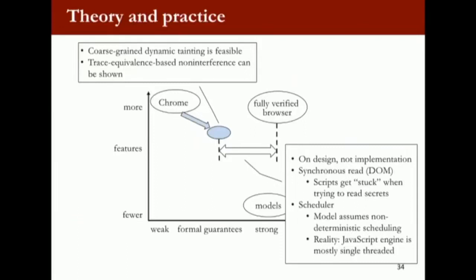So instead, what we do is we just have the script get stuck, meaning it never returns. That allows us to prove our weak non-interference, but in reality this is still a leak, in the sense that it's related to the scheduler, because the attacker knows that JavaScript in general has a single-threaded loop.